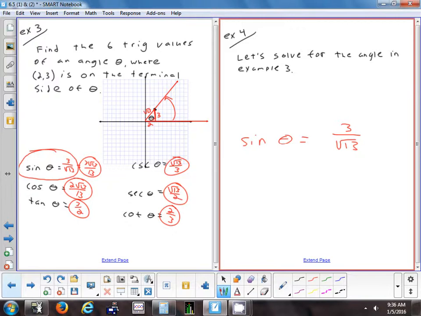This is something I'm going to type into the calculator in a second. So in order to get theta by itself, what do I have to do? Yep, take the inverse sine on each side. That's going to cancel sine there.